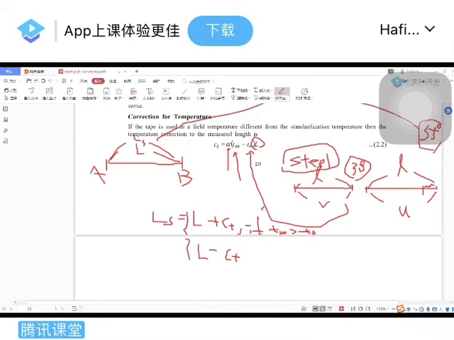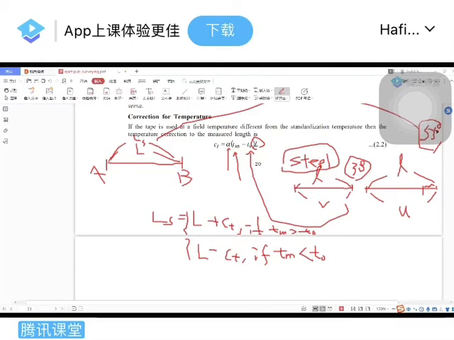And if Tm is less than T0, you have to think about this one. I know it's hard to get it wrong, but you have to think about it.